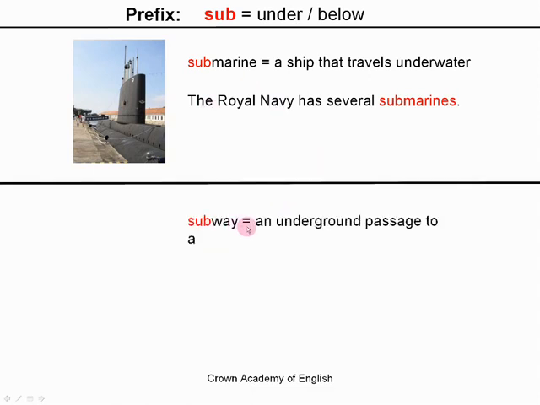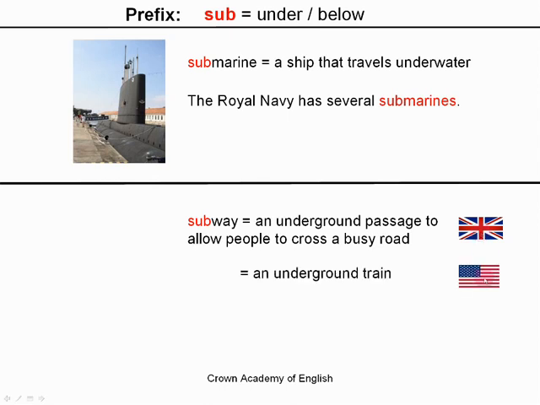Subway. Now, in British English, the definition is an underground passage to allow people to cross a busy road. So British English, it is for people to walk under a road, to cross it.